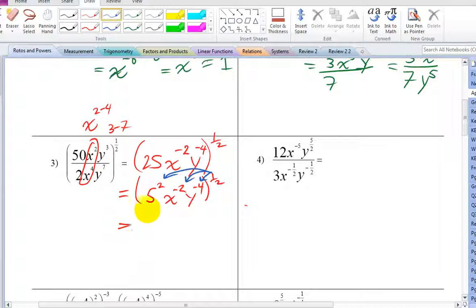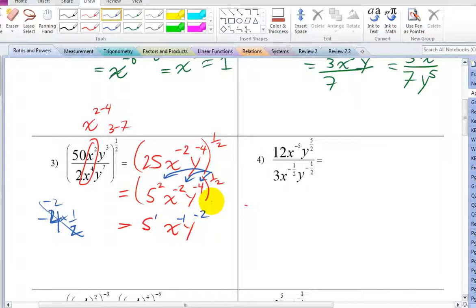So what's 2 times a half? Okay. So 2 times a half is 1. Negative 2 times a half, negative 1. And on the y, we have negative 4 times a half, which is negative 2.